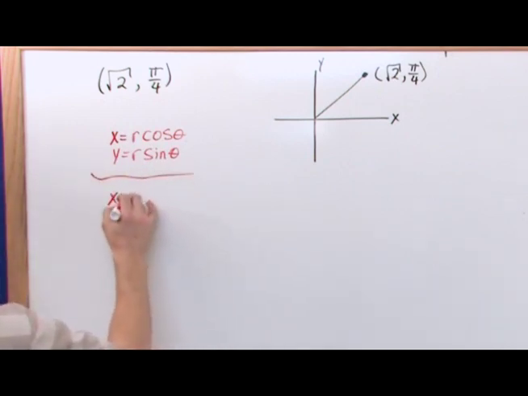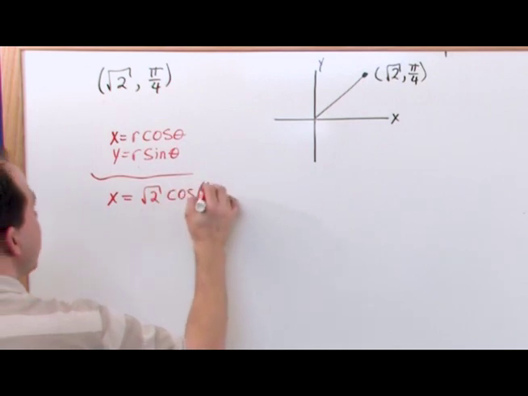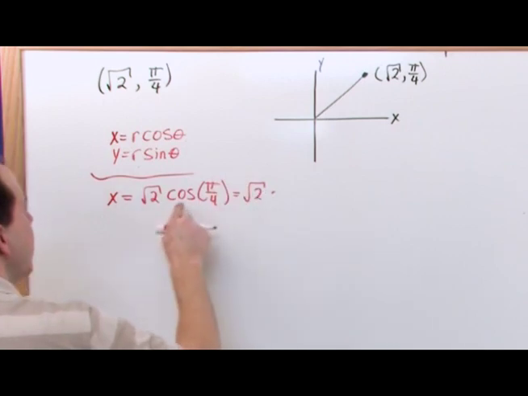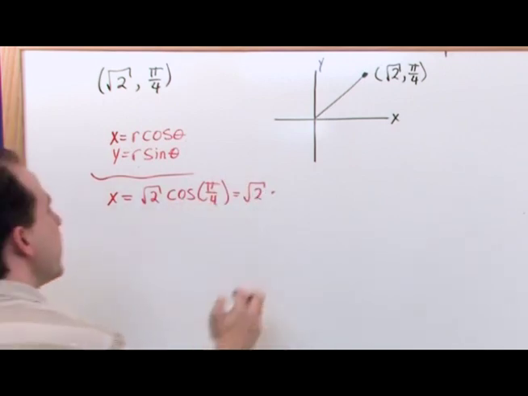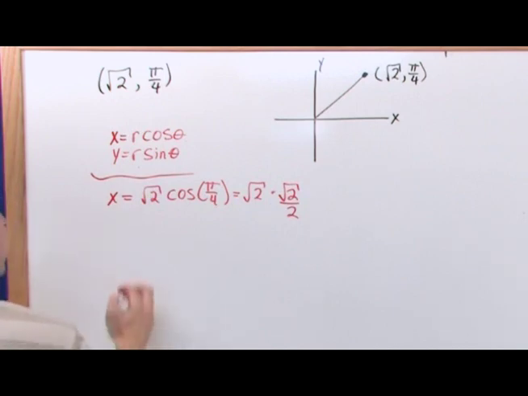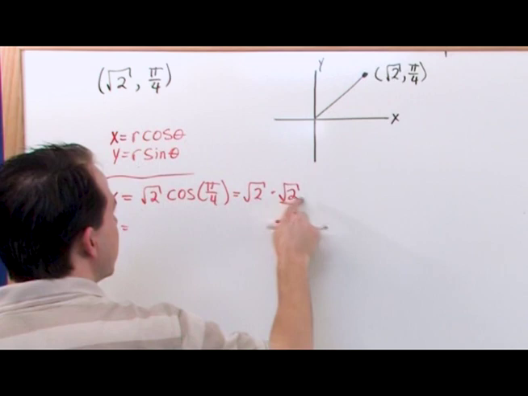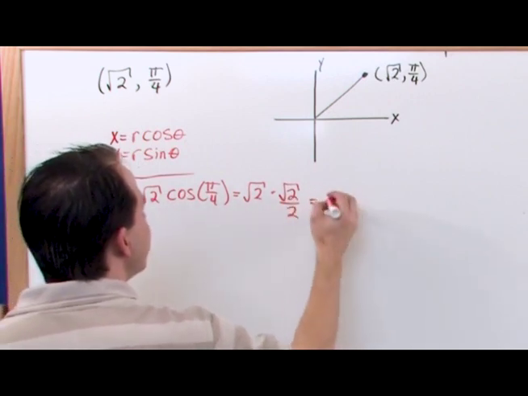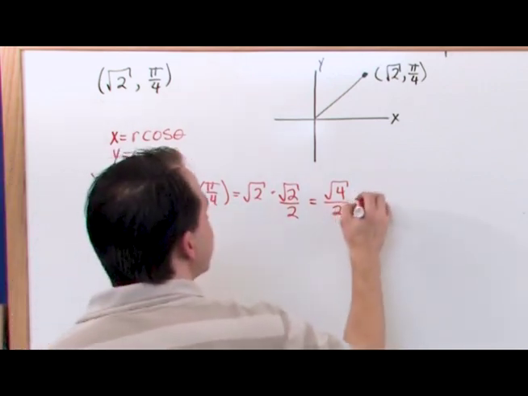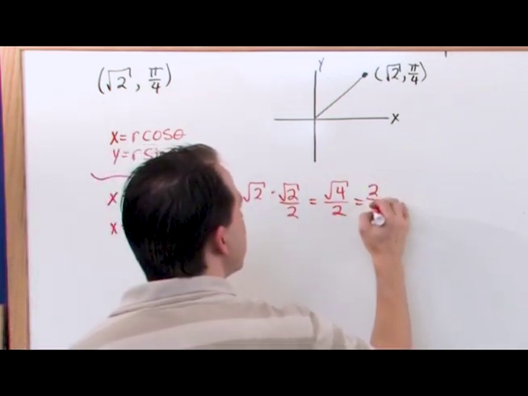So the x-coordinate is going to equal r, which is square root of 2, times cosine of theta, which is pi over 4. So it's going to be square root of 2 times, what is cosine pi over 4? You should remember that that's equal to square root of 2 over 2. So x is going to equal square root of 2 times square root of 2 over 2, which is square root of 4 over 2, because I multiply 2 times 2 under the radical, and square root of 4 is 2, over 2.